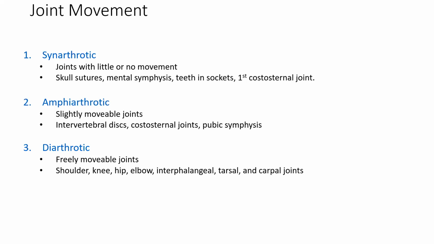So synarthrotic is no movement. Amphiarthrotic is slight movement. The intervertebral discs have some movement. There is some give in our back, in our vertebral column. The rest of the costosternal joints, 2 through 10, are going to be slightly movable, because our rib cage has a give to it, up and back, up and back.